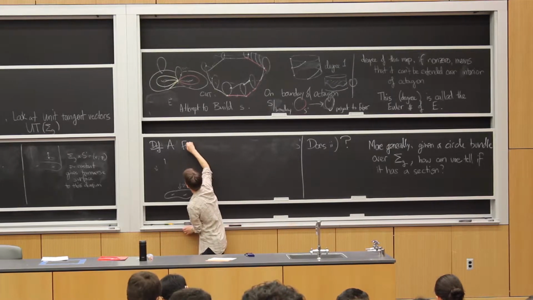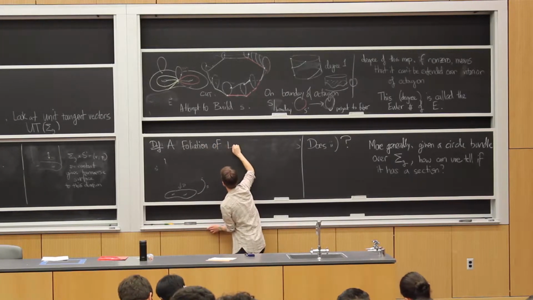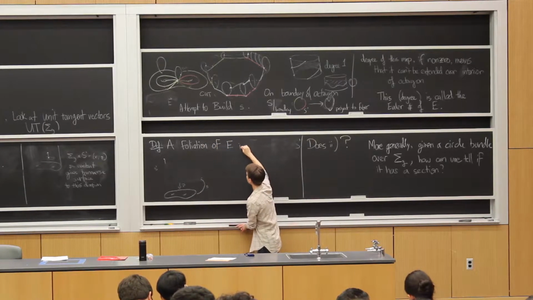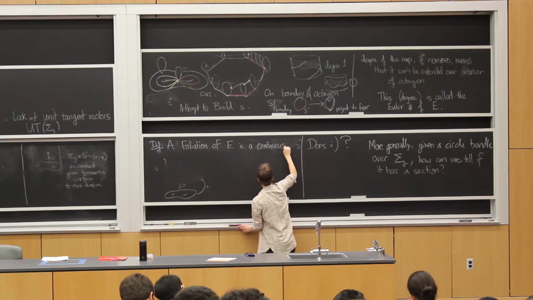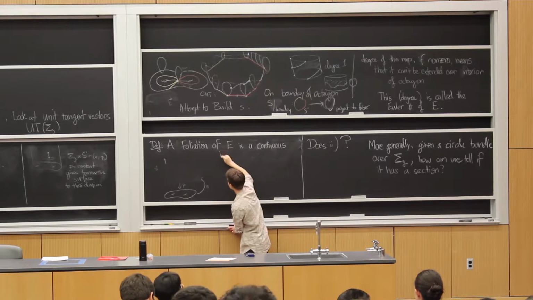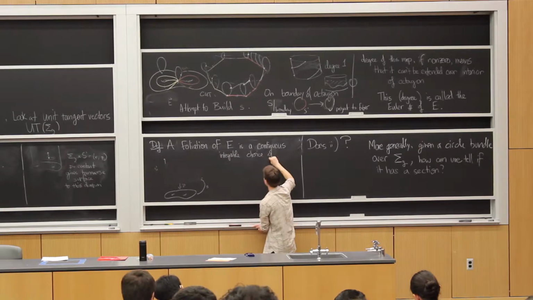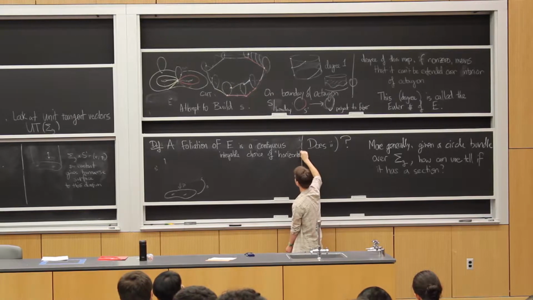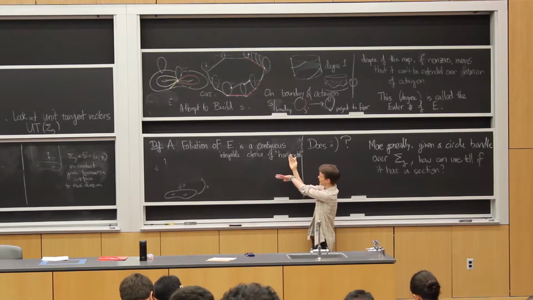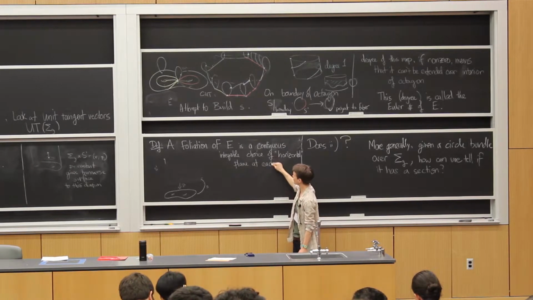This is called a foliation of your circle bundle E, continuous, and technically the word here is integrable choice of horizontal, so not the circle direction, but something transverse to it, plane at each point.